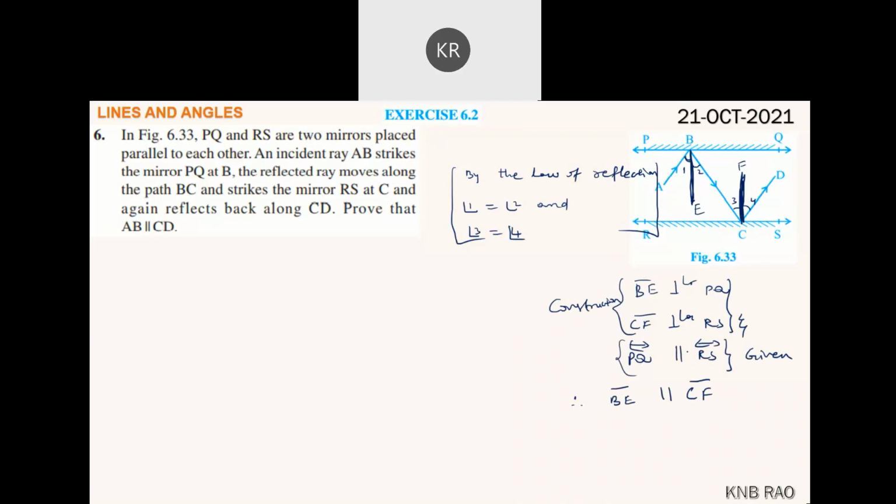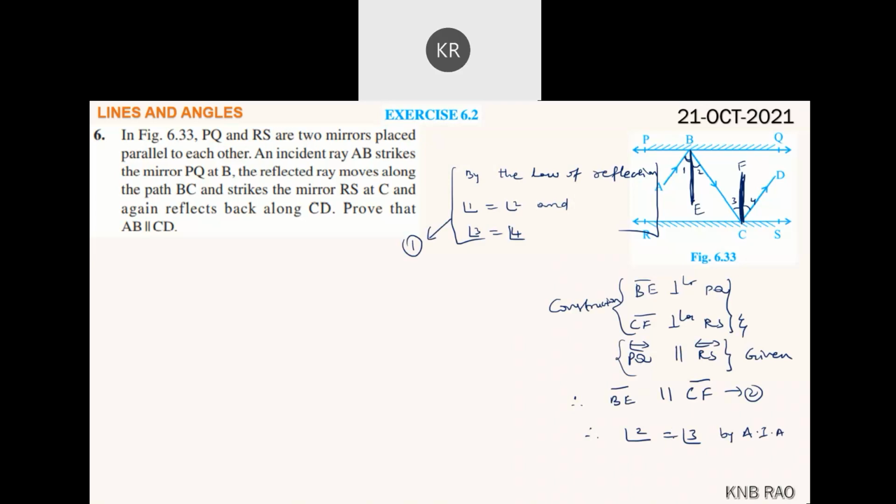If BE parallel to CF, and let's say this is one portion and this is second one, then angle 2 must be equal to angle 3. Correct or not? Yes, sir. Angle 2 equals to angle 3, by alternate interior angle theorem.